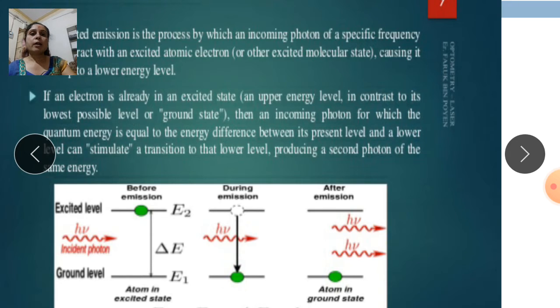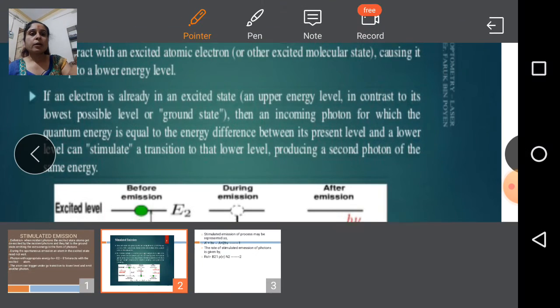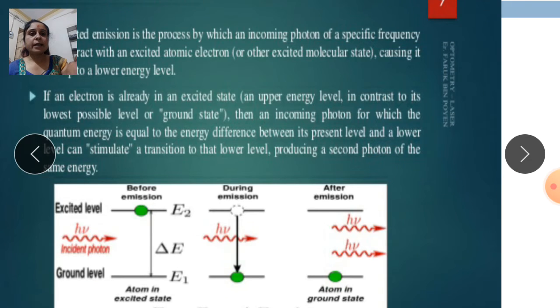In the figure, before the emission process the atom is present in the excited state, and E2 is the excited state energy level. With the incident photon, the atom in the excited state is converted into a ground state atom.